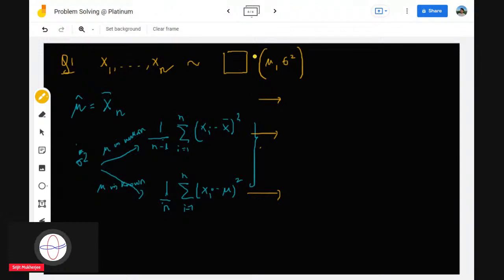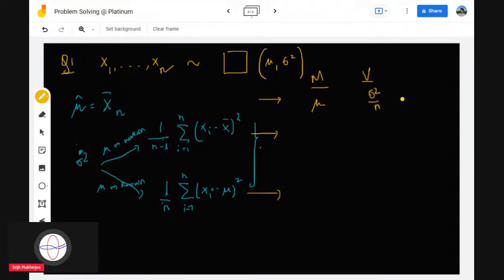Here you don't know the distribution, so which result will you use? We can mostly use the mean variance method. Of course, so use the mean variance method. Tell me the mean of this and the variance of this. The mean of this is mu, and the variance of this is sigma square by n.